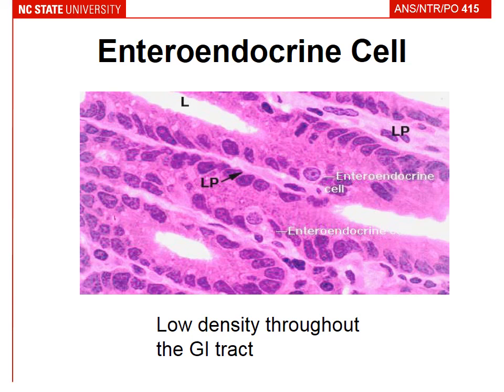And here we have the histological picture, and the main take-home message from here, so this is from the small intestine, and you can see all these enterocytes, and basically there's a very low density of the enteroendocrine cells within the GI tract, especially when you compare it to enterocytes and goblet cells.